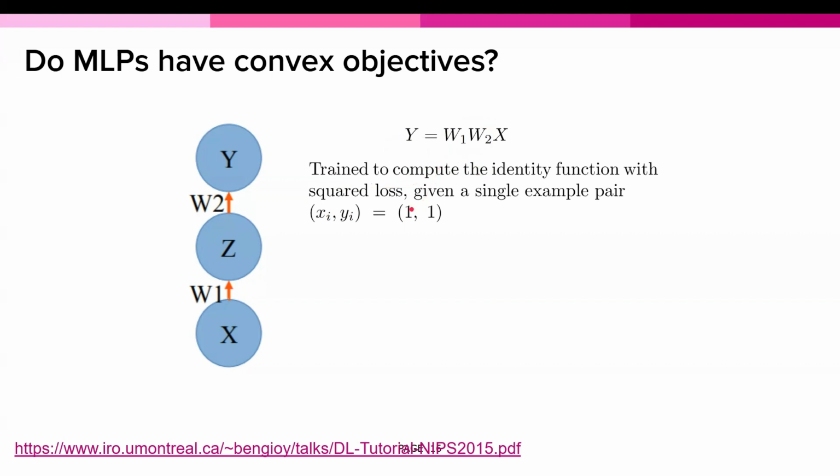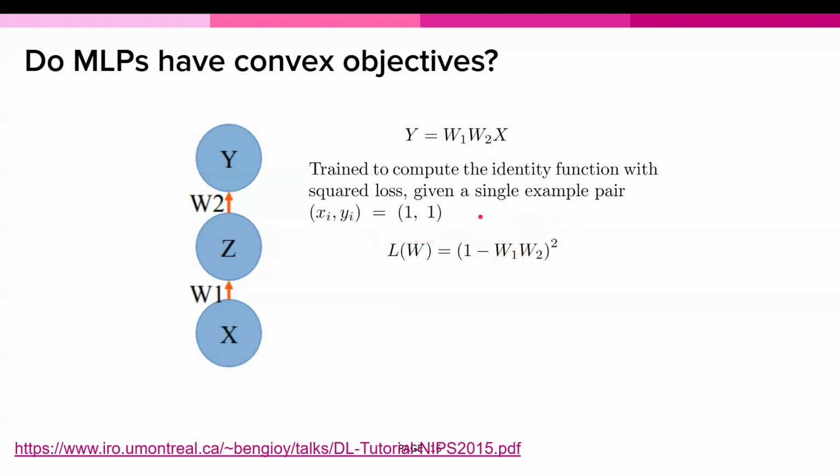We could take the loss function as the squared error between the predicted output and the target. So here we'd be minimizing (1 - w1 w2) squared.